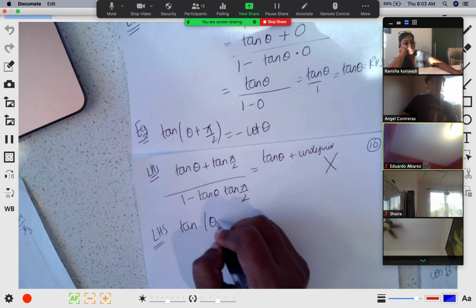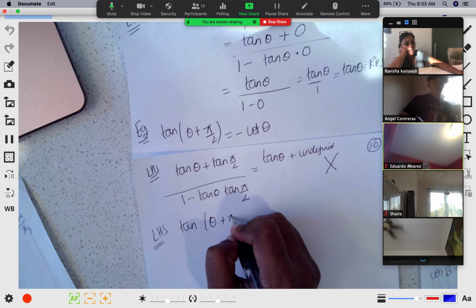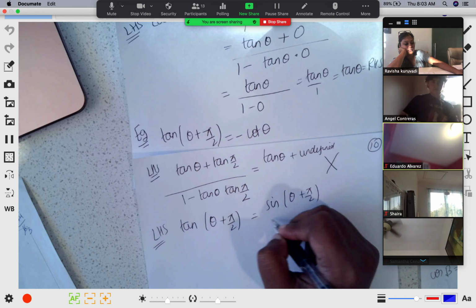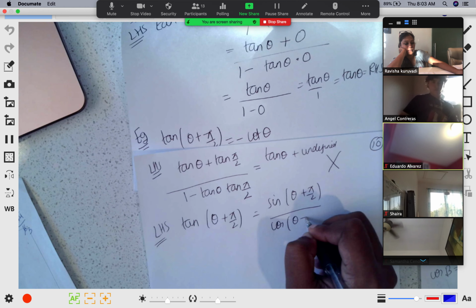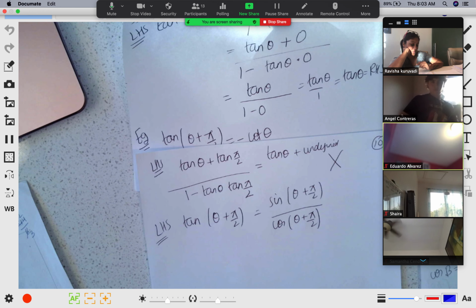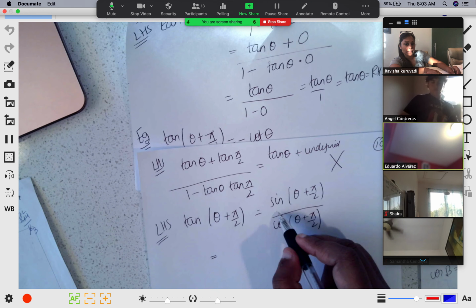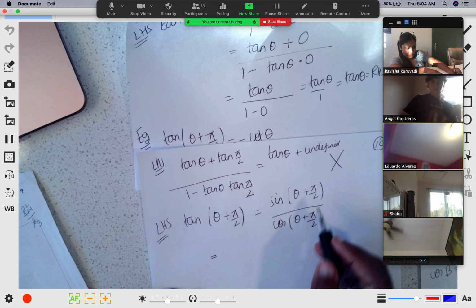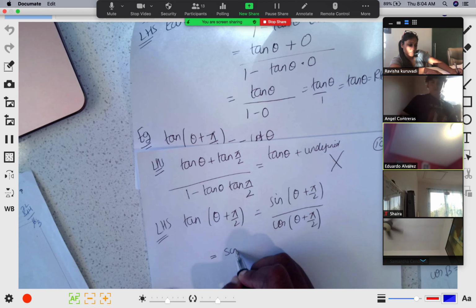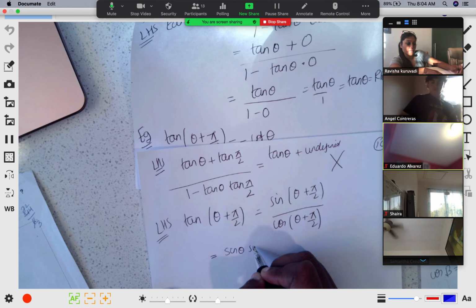Okay, can I write tangent as sine over cosine? Yeah. Okay. Now, do you know the formula for sine of theta plus pi by 2? First we have to put in the formula.